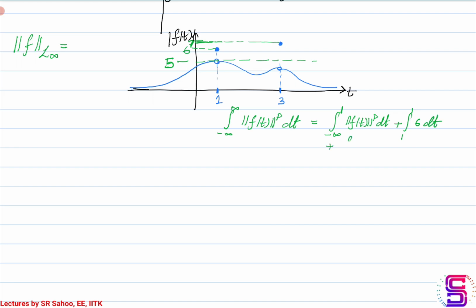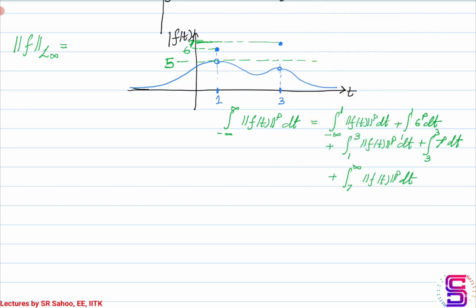Then you'll have the integral from 1 to 3 of norm of f(t) raised to the power p dt. Then I'll have plus the integral from 3 to 3 of 7 to the power p dt. Then I'll have the integral from 3 till infinity of norm of f(t) to the power p dt. This is what I'll have.